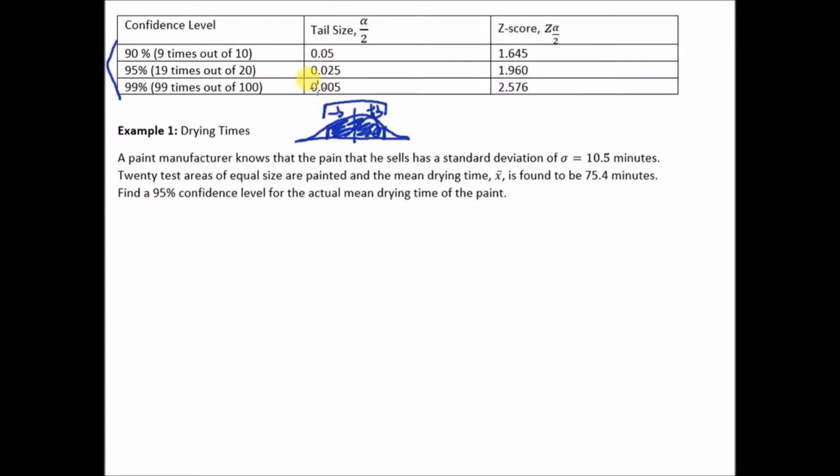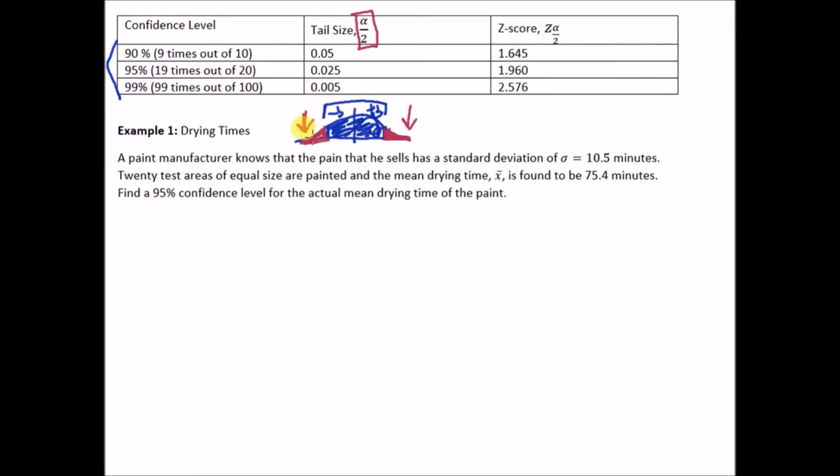When we talk about tail size, the leftover percentage is divided between these two tails. Out of the 95%, the tail size is whatever's left over divided by 2, because we divide it equally into the two tails.